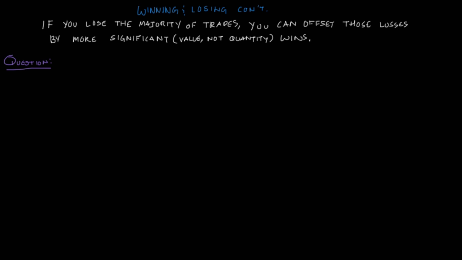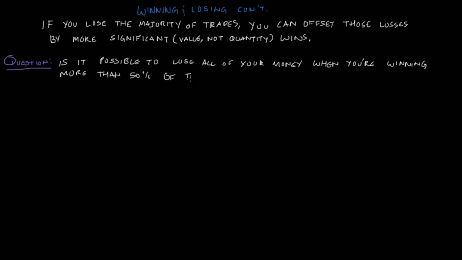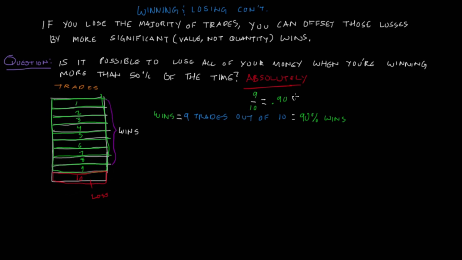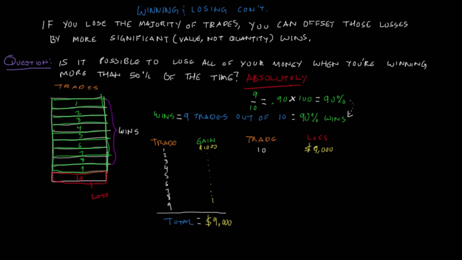On the contrary, is it possible to lose when you're winning more than 50% of the time? The answer to that is absolutely. Let's assume that someone wins 9 times out of 10. Translated as a percentage, this is 90%. If they win $1,000 during their first win and $1,000 the next, and $1,000 again up until their 9th consecutive win, and we add these winnings together, we get $9,000.